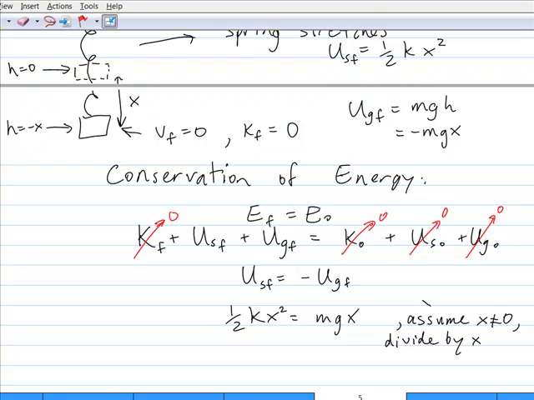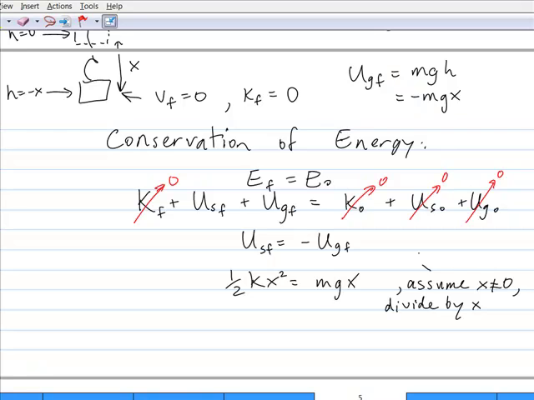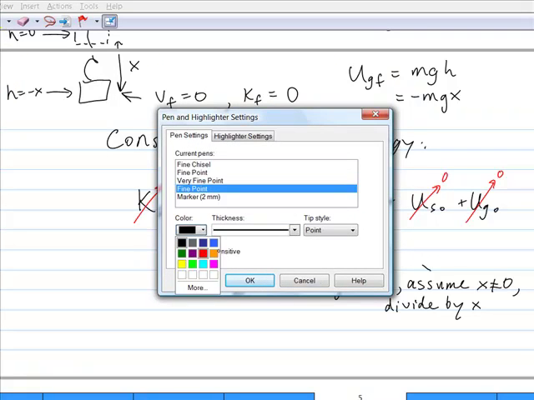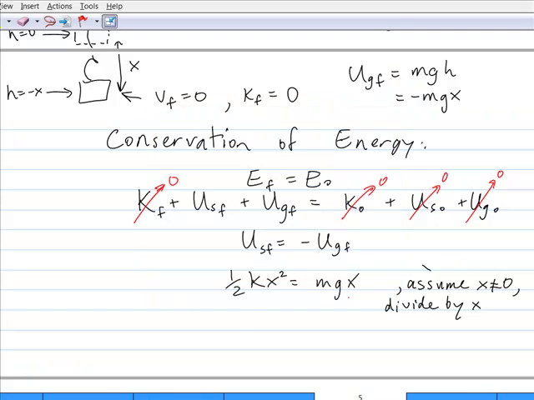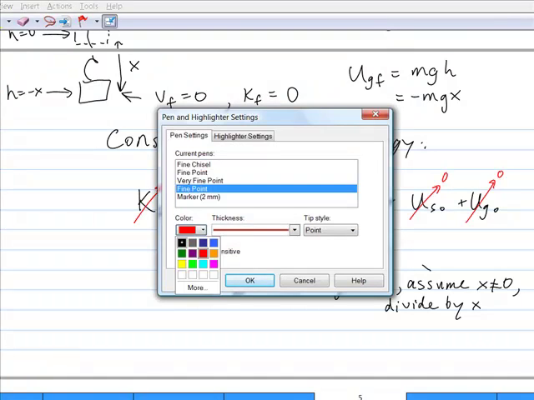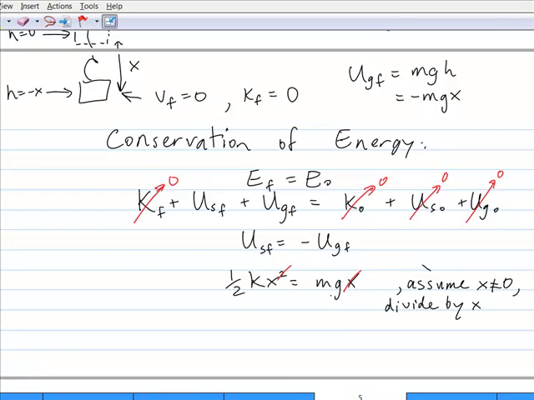If x equals 0, you can't divide by 0, so let's divide both sides by x. That will cause that x to go away and that squared to go away. And solving things out, I get kx over 2 equals mg.